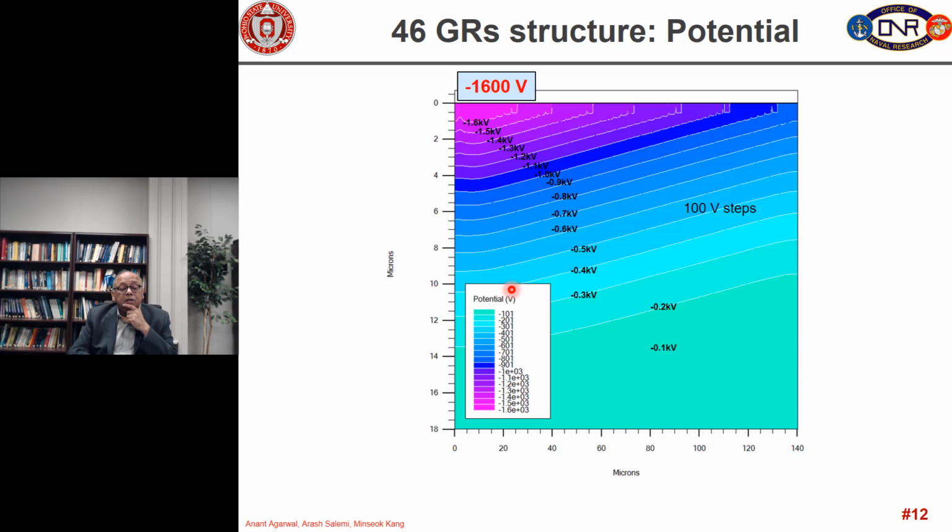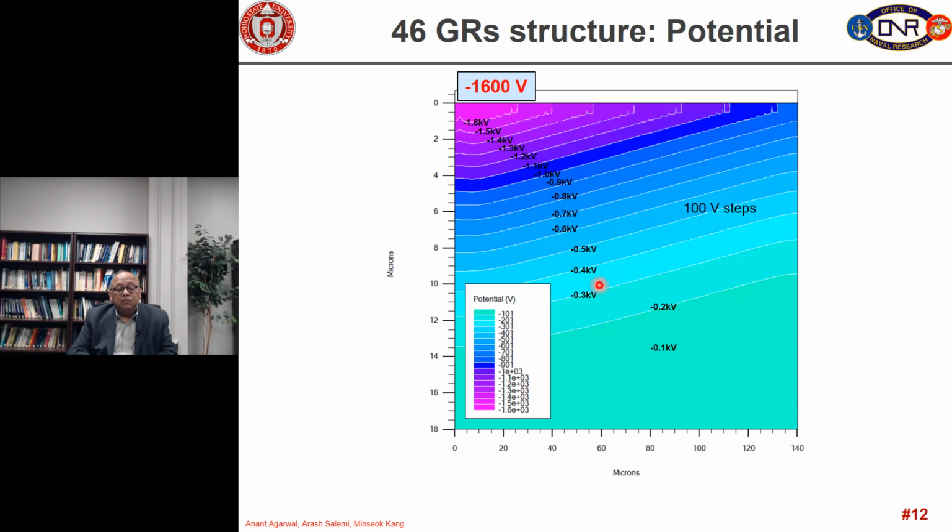So here we plot the potential contours at 100 volt step. So you can see at 1600 volt the first contour is 1.6 kV, then 1.5 kV, then 1.4 kV, and so on.